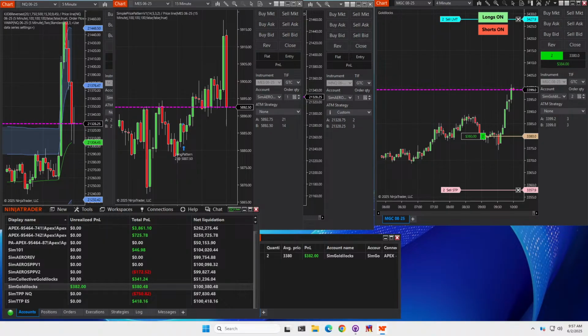So today is the 2nd. And Goldilocks was long at 33.80, 2 lot.